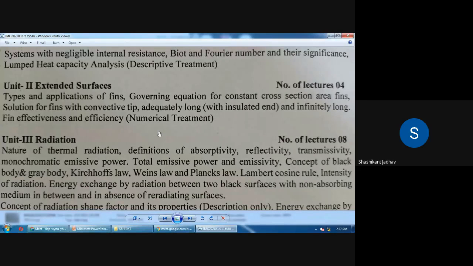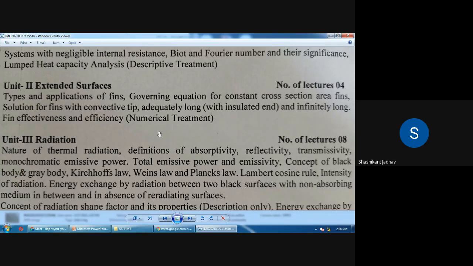After that we discuss fin effectiveness and efficiency, the equations for that, and solve some problems related to effectiveness and efficiency. So this is the syllabus of unit number 2, extended surfaces.